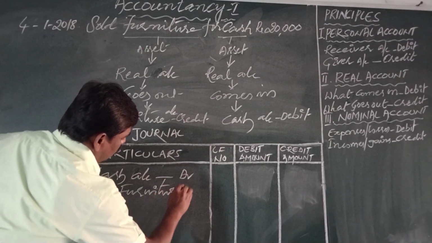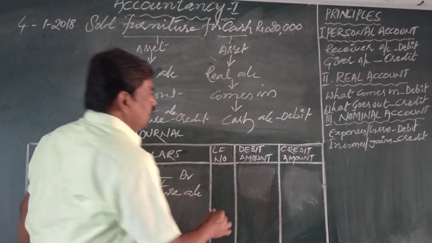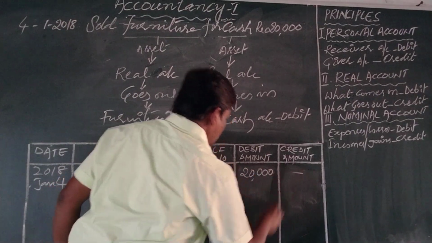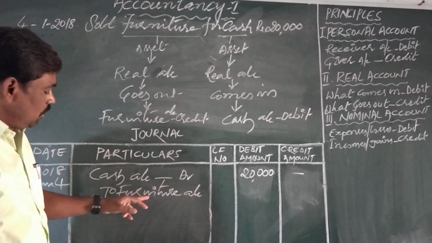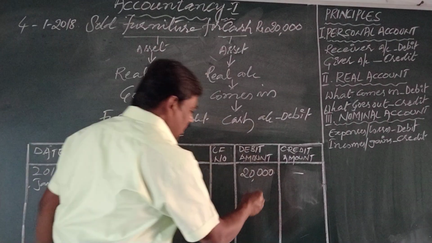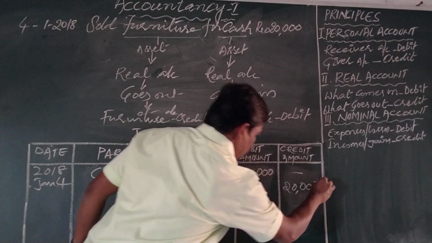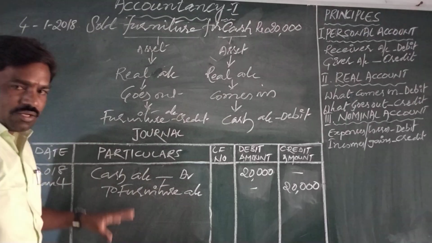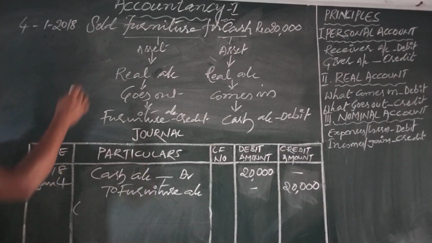Credit account here, furniture account. Against the cash account in the debit column, write rupees 20,000. Similarly, come to furniture account. Against this account in the credit column, rupees 20,000. Now, for this transaction, we can write the narration. What is the narration? Sold furniture.